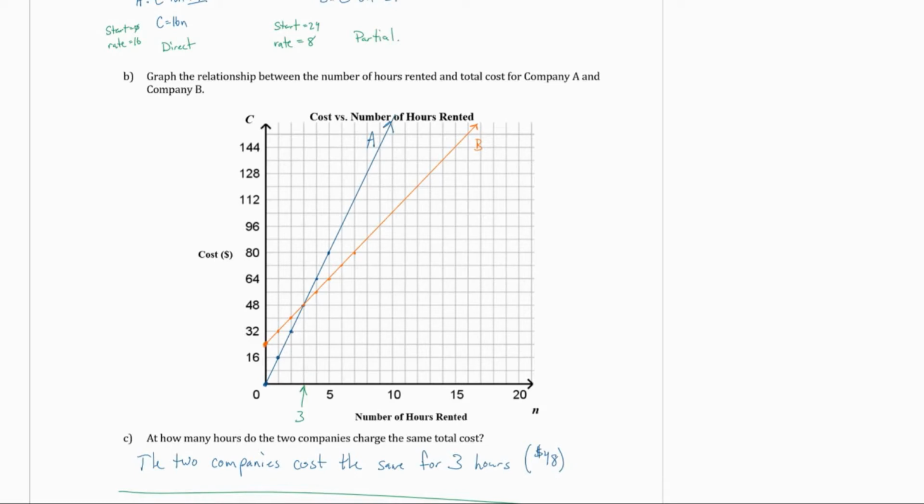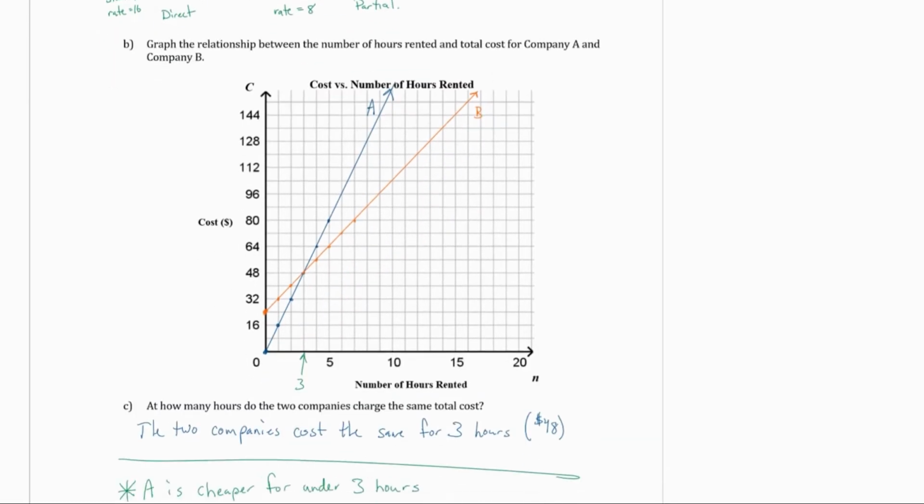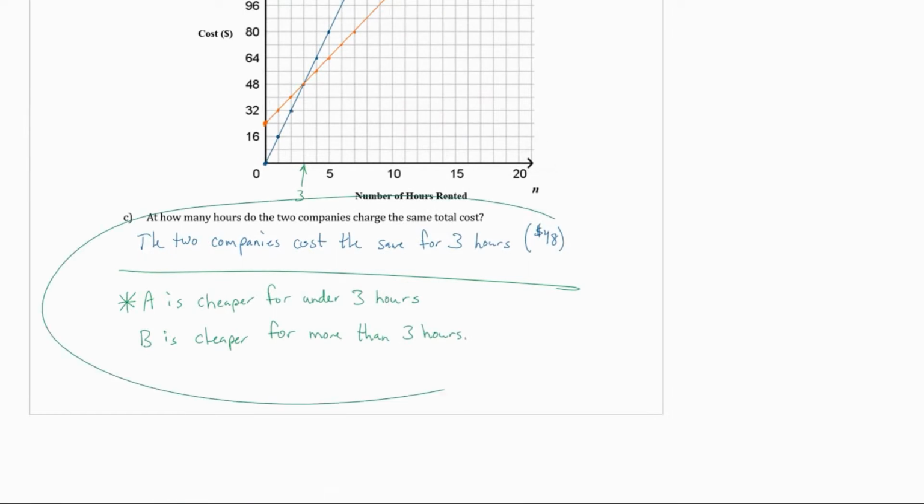We came up with their equations, we graphed them, and then this was the new part where we really talked about comparing the two companies and when they're the same, or when it's better for one or when it's better for the other. And that is the new and important learning behind today, comparing two different companies. So keep that in mind and look for those questions that are asking you to compare different cost structures or different linear relations.